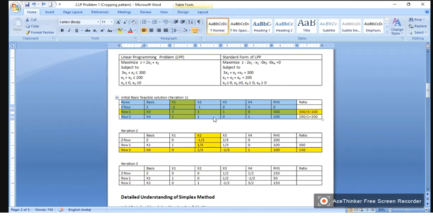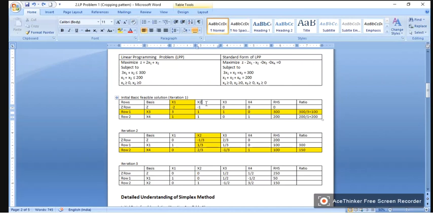Is it clear? Yes. Let us understand the terms. Basis means, in the basis we have the basic variables whose values will be non-negative, that means they have positive value. What is the value of x3? 300. What is the value of x4? 200. Okay. The variables which are not present here become non-basic variables, so x1 and x2 are non-basic.